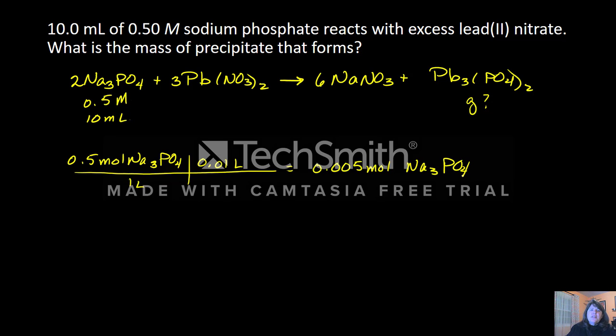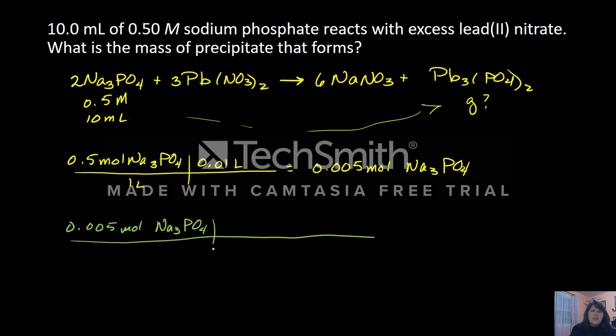Now that you have the moles of sodium phosphate, we can go from moles of sodium phosphate to moles of our precipitate, and from there to grams of our precipitate. So 0.005 moles of sodium phosphate, and according to the balanced equation, I have 2 moles of sodium phosphate for every 1 mole of lead phosphate.